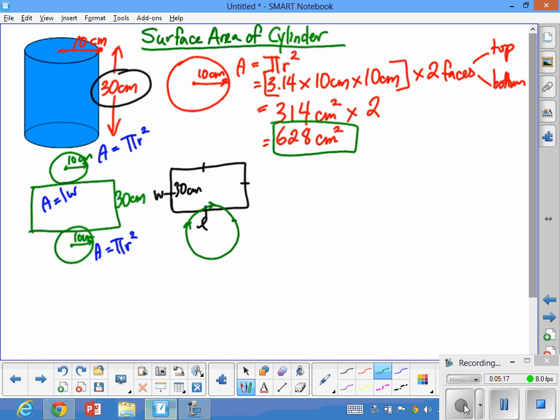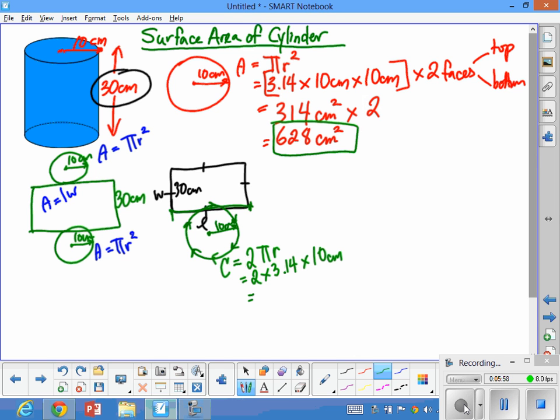The distance around this circle, when you unwrap it, actually forms the length of the rectangle. So we know the circumference, the formula for calculating the distance around a circle, is 2 pi r. Now we're going to substitute the variables: 2 times pi, 3.14, times our radius. Our radius happens to be 10 centimeters. This will give us the length of our rectangle.